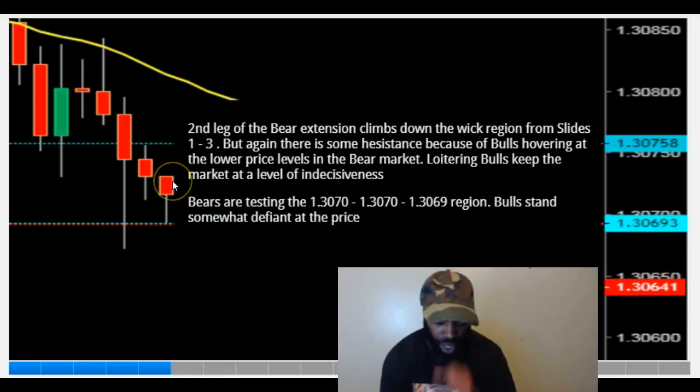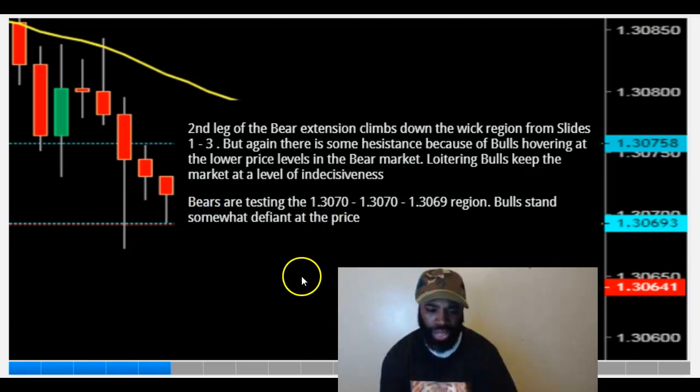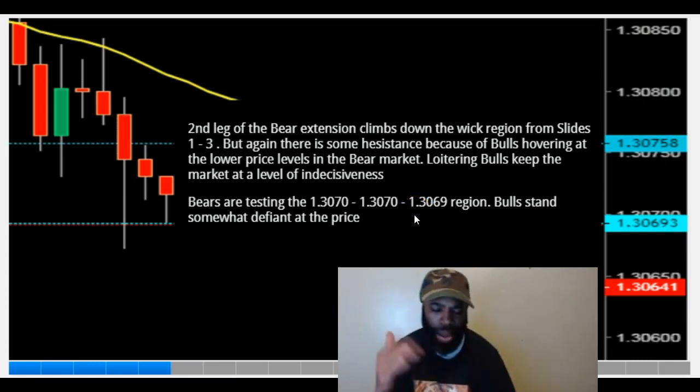They're keeping the market looking sort of like a little cross or doji, whatever you might want to call it. But the bears are just loitering around this bottom, right? They're testing the 1.3070 mark through the 1.3069 mark. It might move a little bit more than that range, but I'm just looking at the main region.